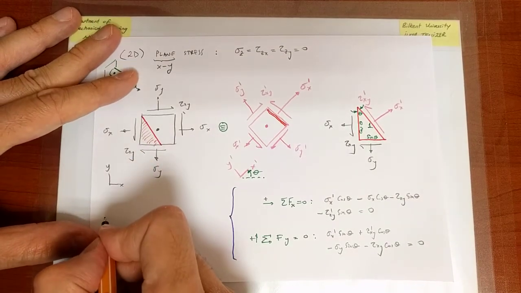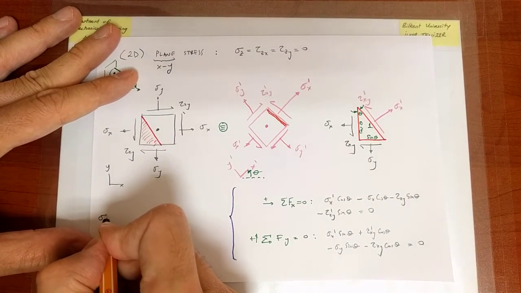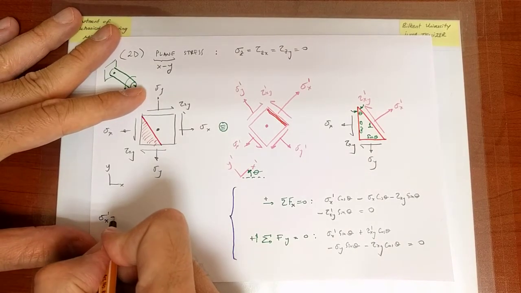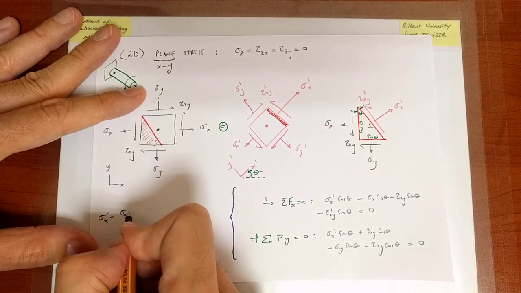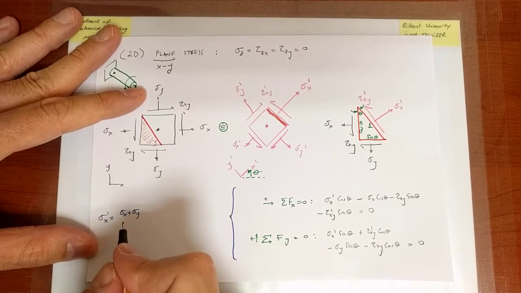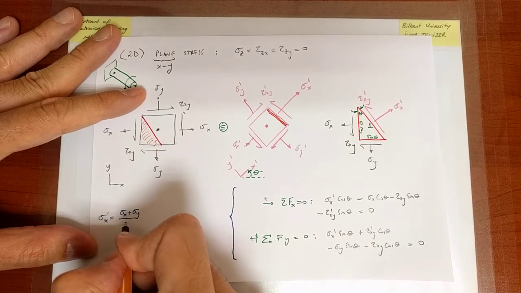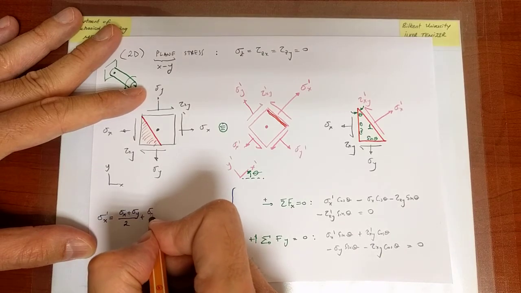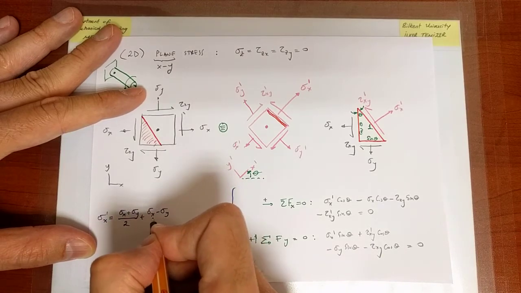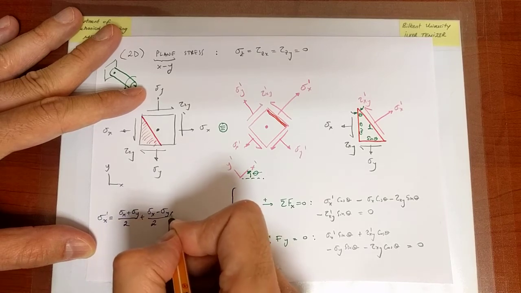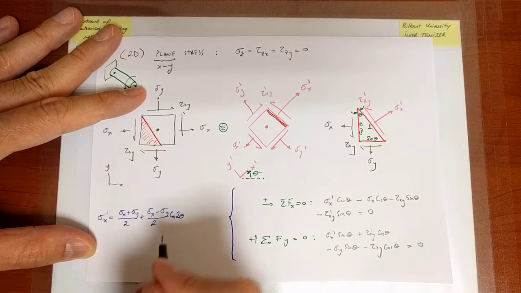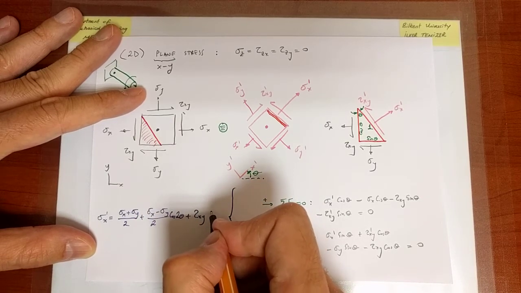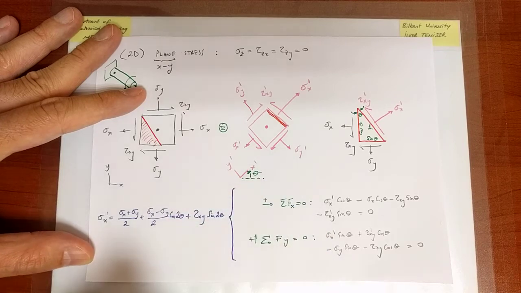So sigma x prime is going to come out to be, and in your book, if you like, there should be directions to complete this derivation, but you can easily do it yourselves as well. Sigma x prime equals sigma x minus sigma y over 2 times cosine 2 theta, plus tau xy sine 2 theta.